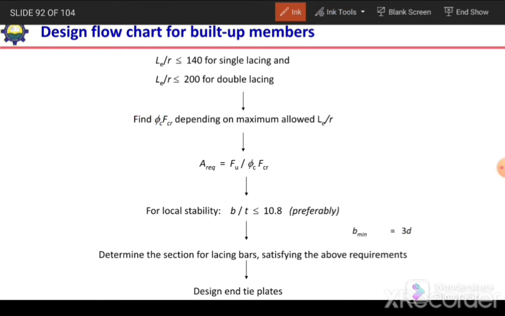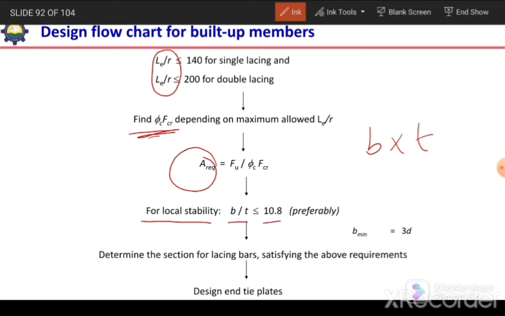Okay, after that, based on the slenderness ratio of the lacing, we need to calculate the phi c Fcr value just like a compression member, and then based on this phi c Fcr value we can calculate the area required for the lacing element. Once we have the area required, we need to decide what will be the B and what will be the T. We also need to satisfy the local instability check, B over T should be less than 10.8.